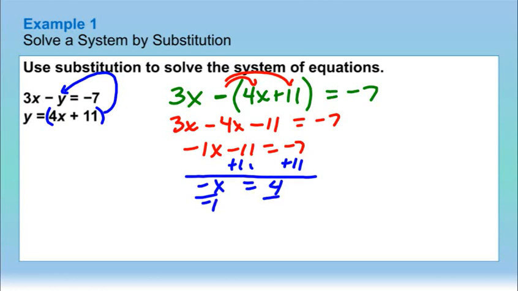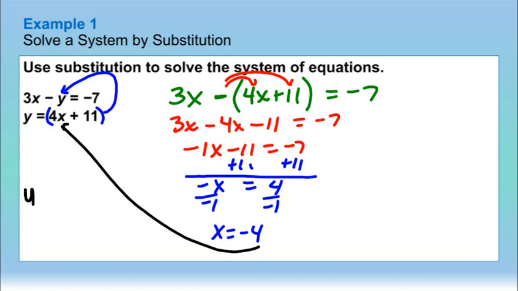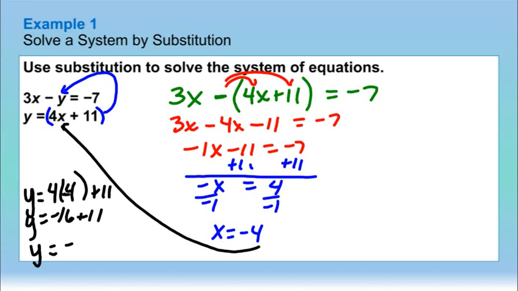Divide by negative 1, x would equal a negative 4. If x is negative 4, I can now put this in for this x to find my y. So y would equal 4 times negative 4 plus 11. 4 times negative 4 is negative 16, plus 11 will give us y, and y would equal a negative 5. So my answer as an ordered pair would be negative 4, negative 5.